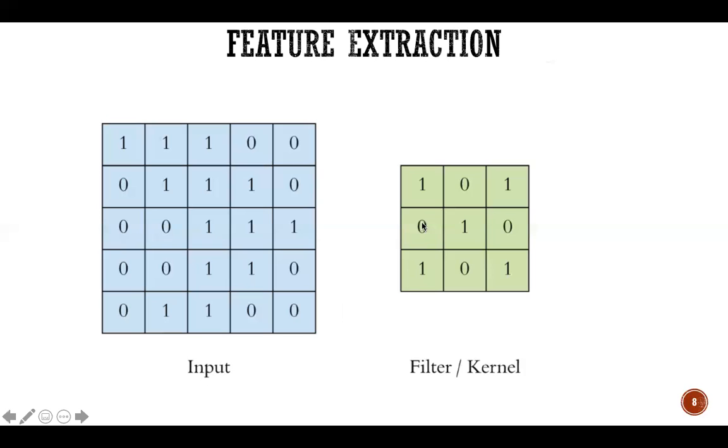So I need to have a filter, or a kernel, and I'm going to convolve this filter with the image, and I will extract features, or what they call feature maps.